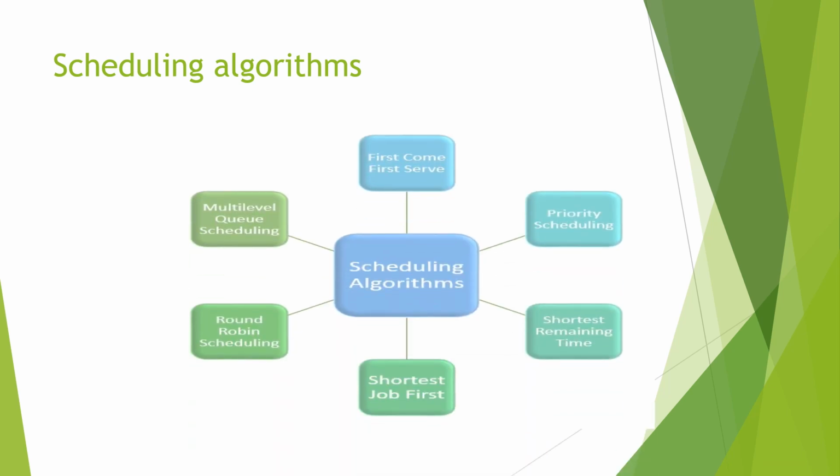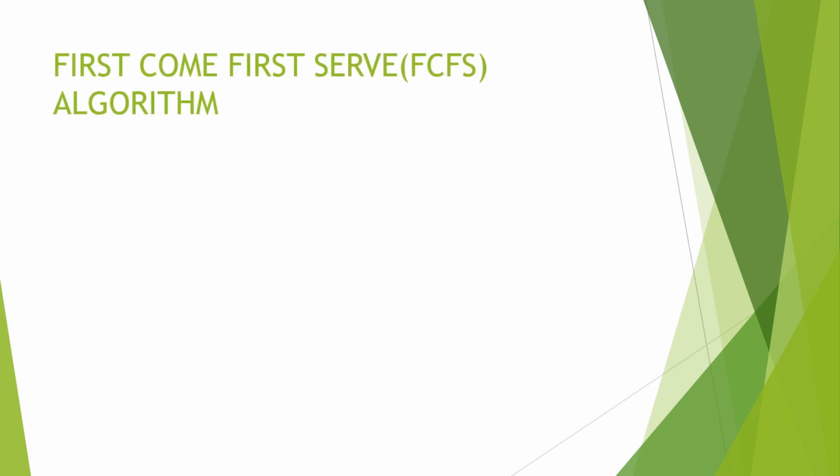So the diagram illustrates the different types of the scheduling algorithms. First come, first serve, priority scheduling, shortest remaining time, shortest job first, round-robin scheduling, multi-level queue scheduling. We are going to look at the first come, first serve scheduling algorithm.